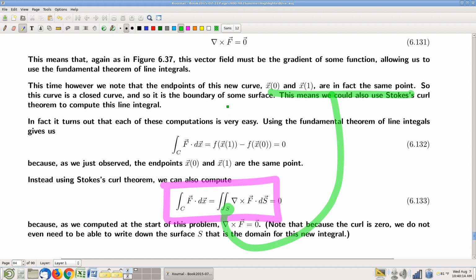So that's why we know Stokes' curl theorem applies. And the curl is 0. And so check it out. We're doing a flux through an existing surface. We're doing a flux of 0. And so, again, by a very easy argument, we get 0. Yeah? Everybody good?